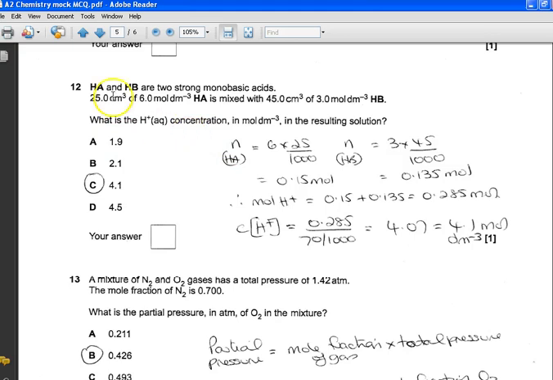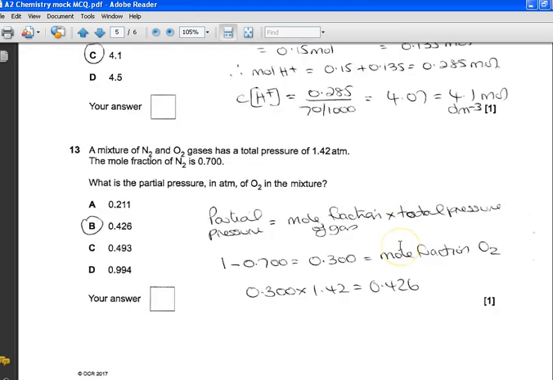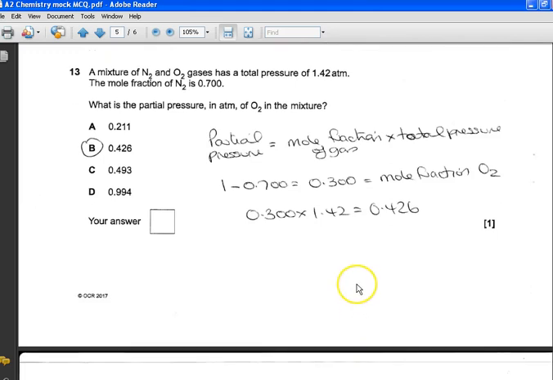So the number of moles of HA and the number of moles of HB, they're going to release that number of hydrogen ions, and then you can work out concentration from number of moles over volume. Don't forget to add your two volumes together, that's important. Whenever you're doing a calculation with solutions like that, you would need to add the two together.